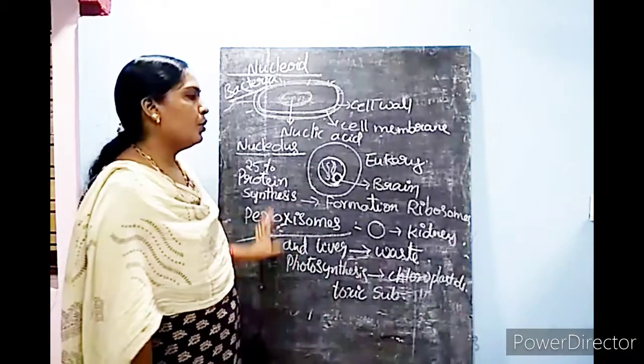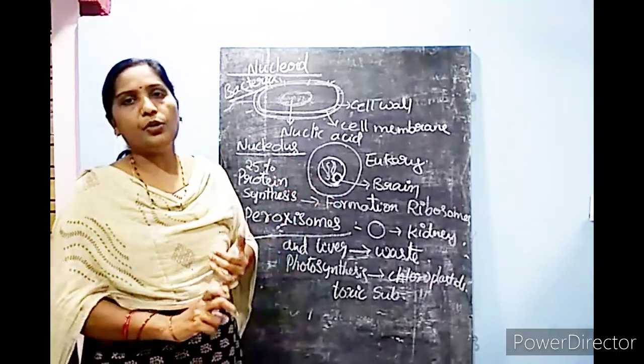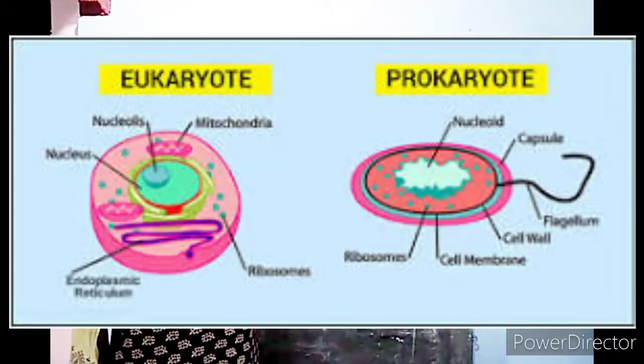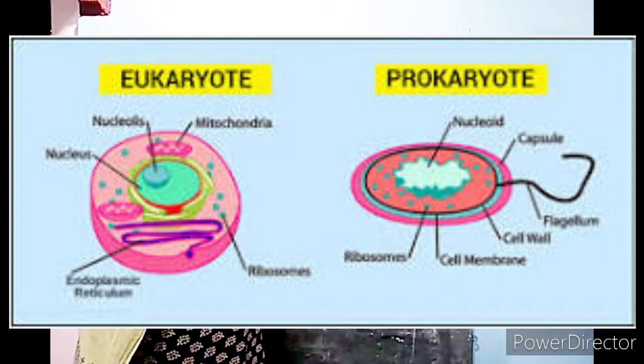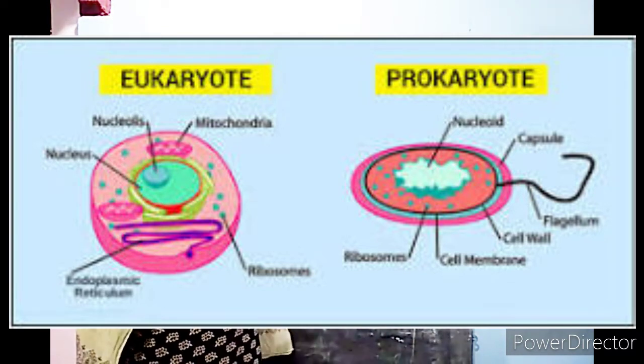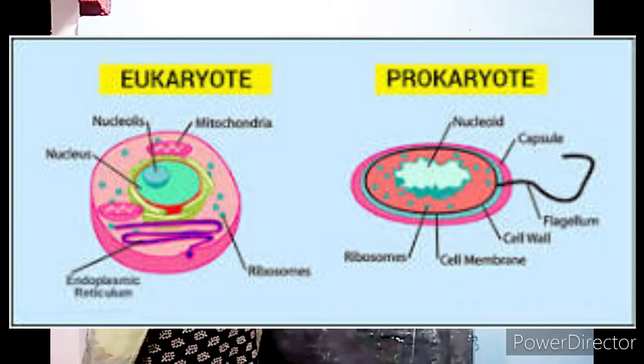So till now we have completed our nucleus, the differences between prokaryotes and eukaryotes, and the meaning of nucleolus and nucleoid and their functions, which you learnt very clearly.